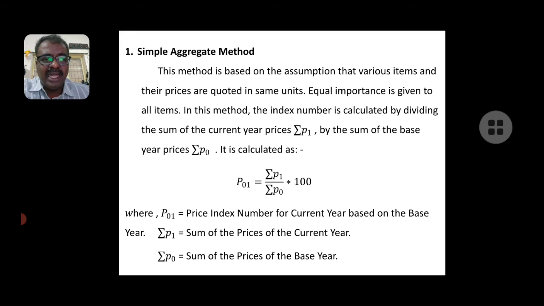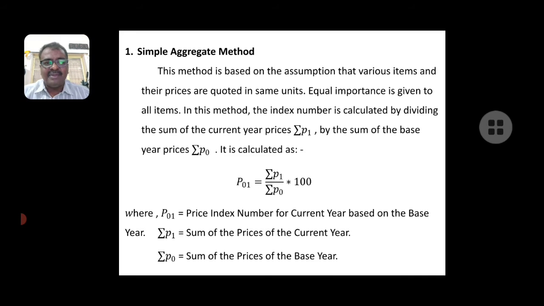It is calculated as P01, that is the price index of the current year based on the base year. P indicates price, 1 indicates the current year, and 0 indicates the base year. So P01 should be read as prices of the current year based on the base year.